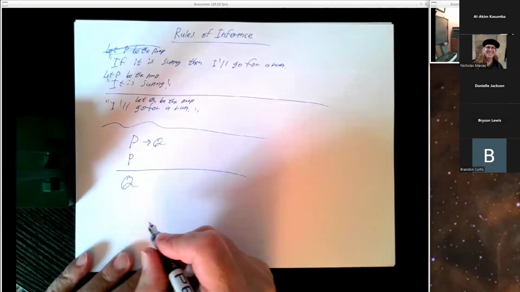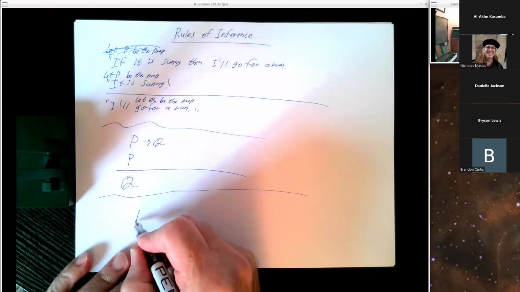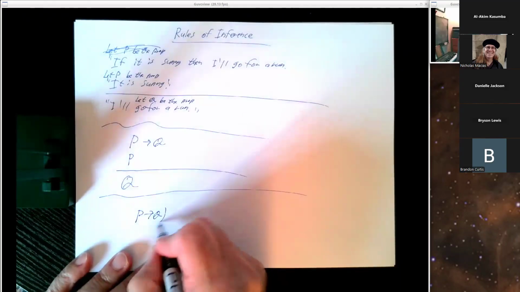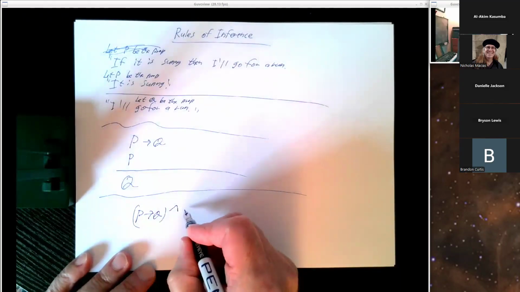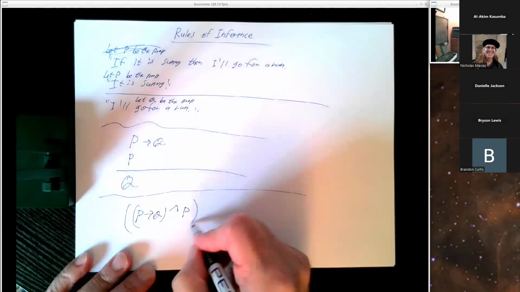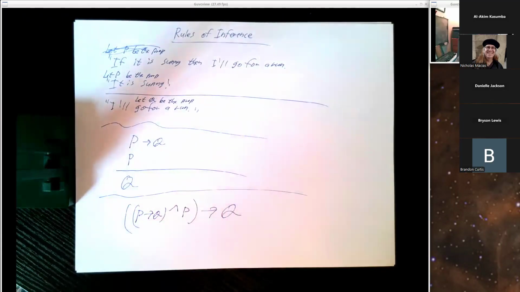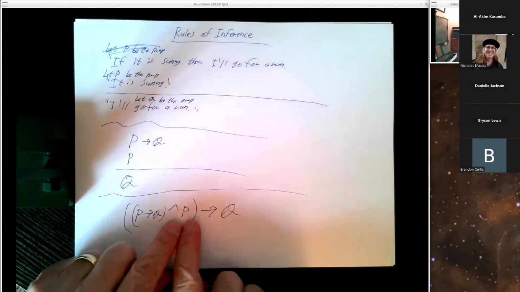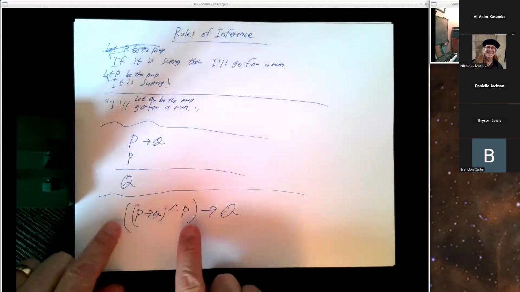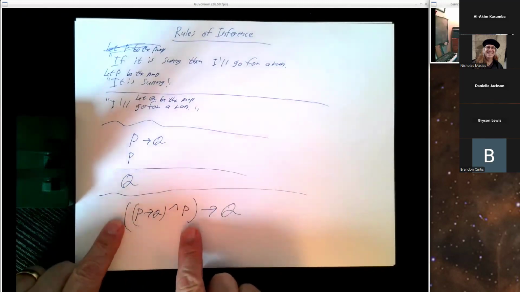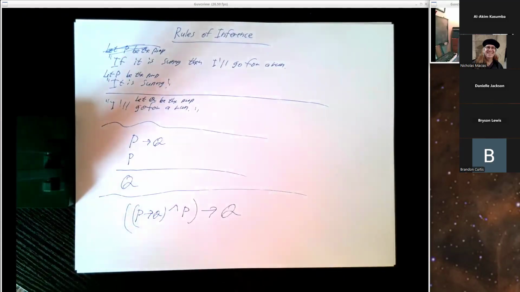Another way to write this would be: if P, then Q, and P implies Q. If this is true and this is true, then that's a hypothesis. If that hypothesis is true, then this conclusion is true.